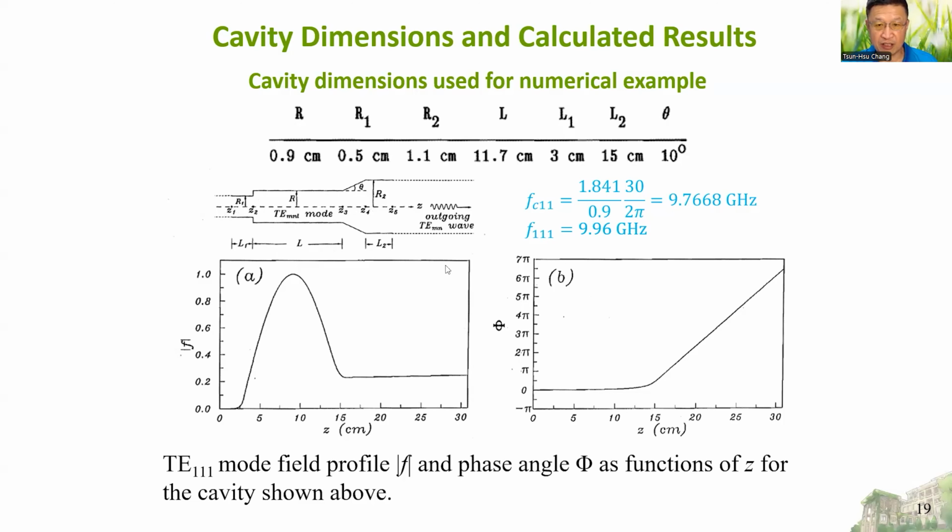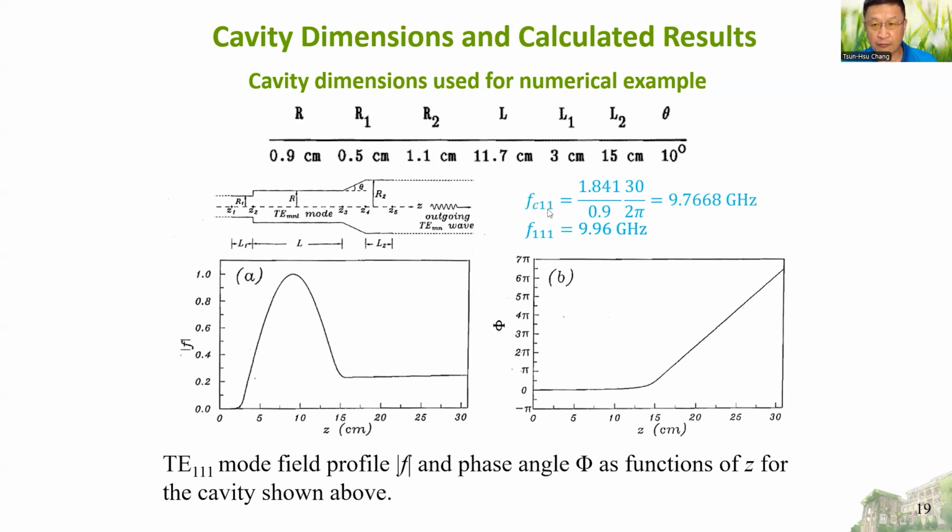Okay, it's an open cavity. And the result: we obtain the absolute value of f as a function of z, and phi, the phase, as a function of z. And for this case, we also obtain the resonance frequency.